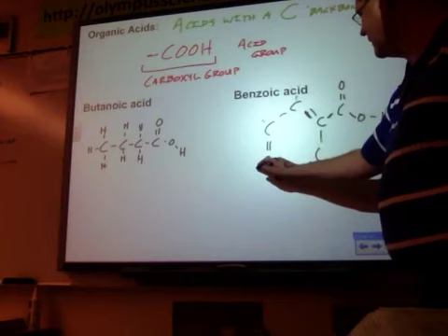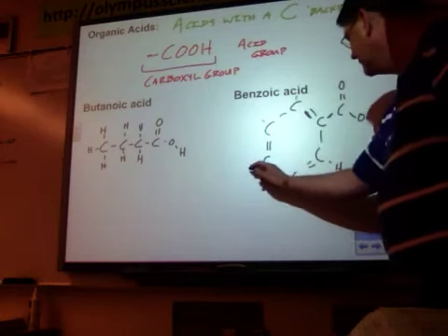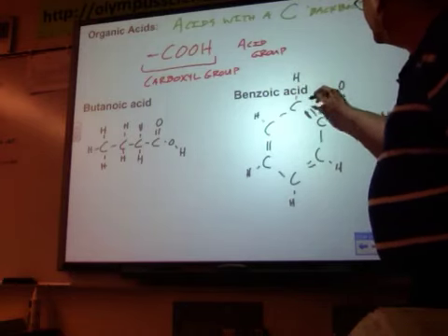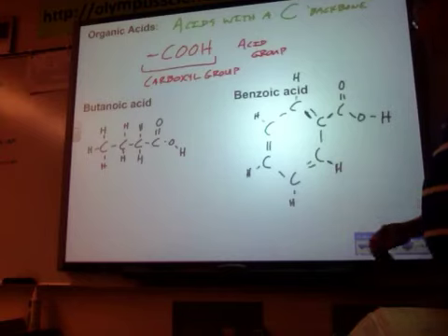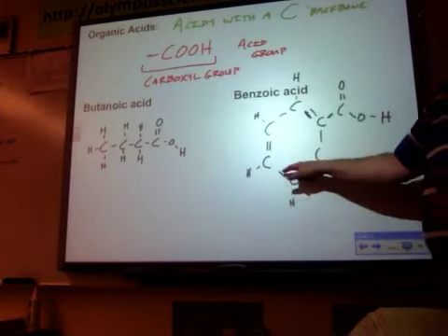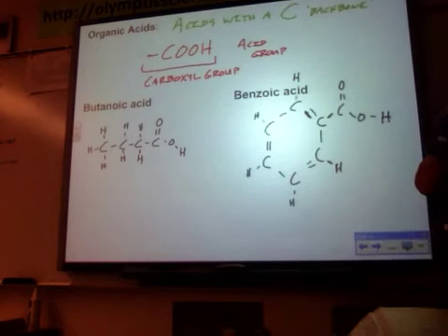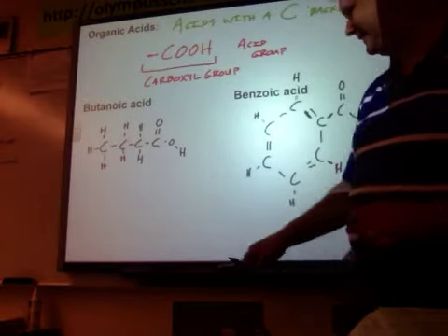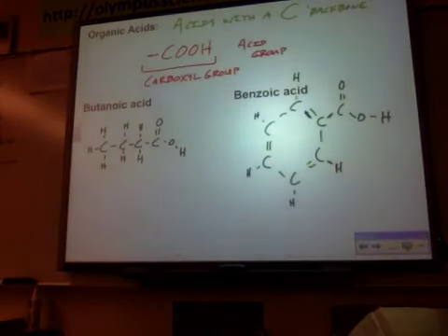Each of these other 5 carbons, by the way, has a hydrogen attached. Typically we don't draw that, but it's there. While we're on the subject, the fact that these bonds alternate single, double, single, double, single, double, introduces the possibility of what? Thinking back to when we talked about bonding. Starts with an R. Resonance.